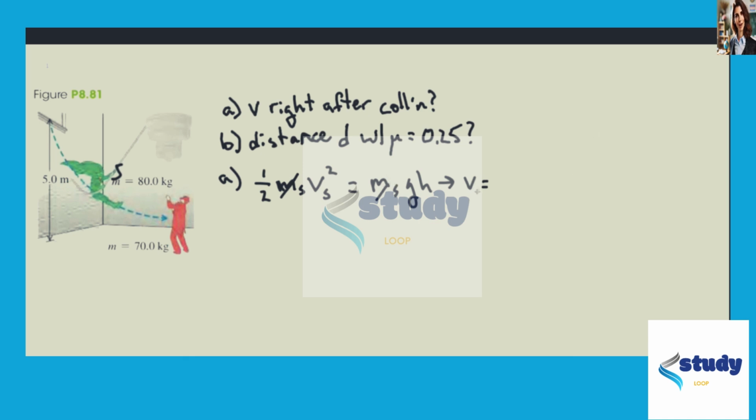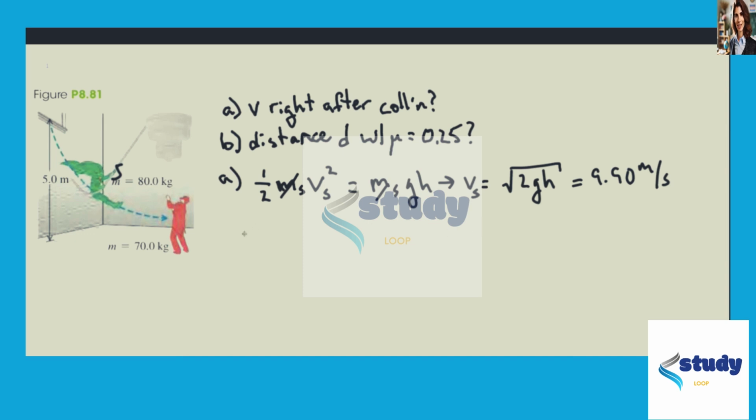So v_S is going to be the square root of 2gh. And this equals 9.90 meters per second. We aren't done with that yet.